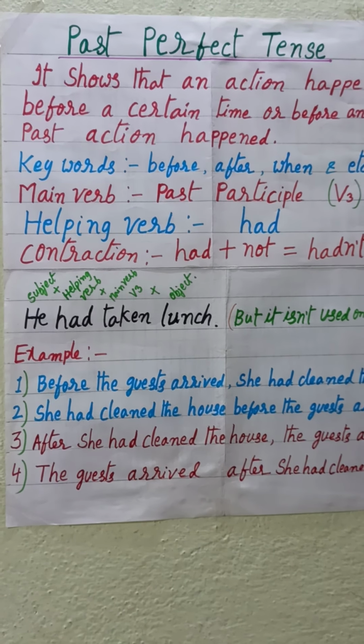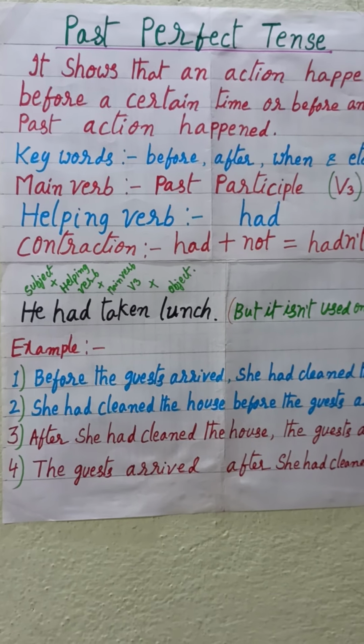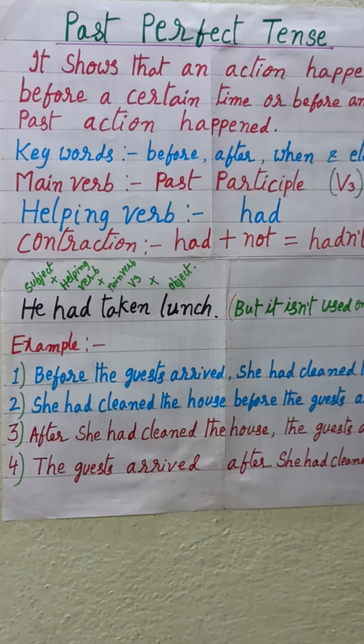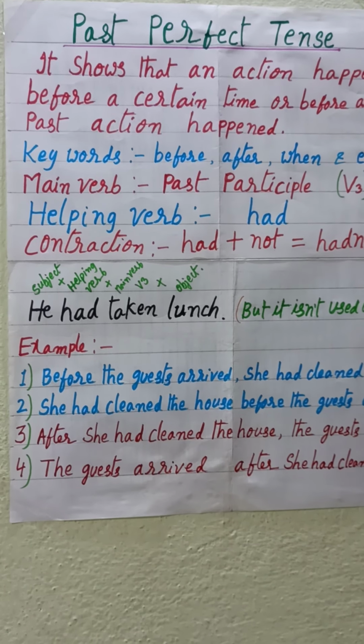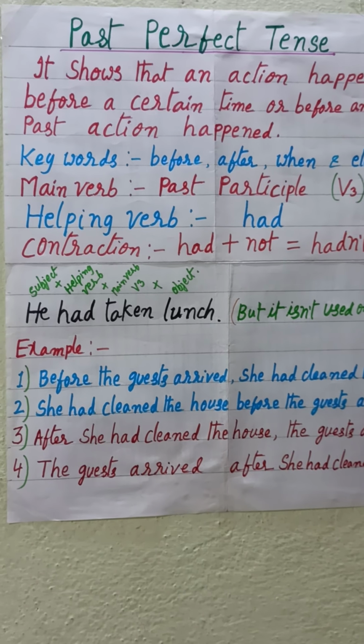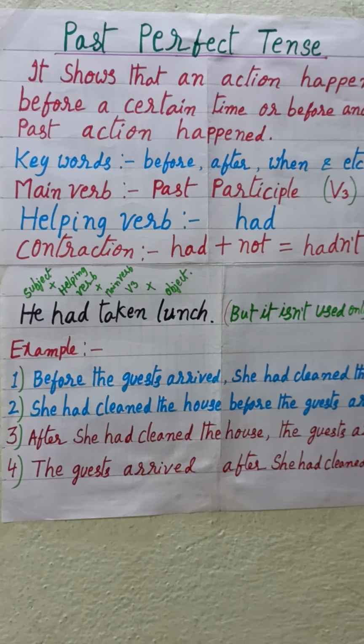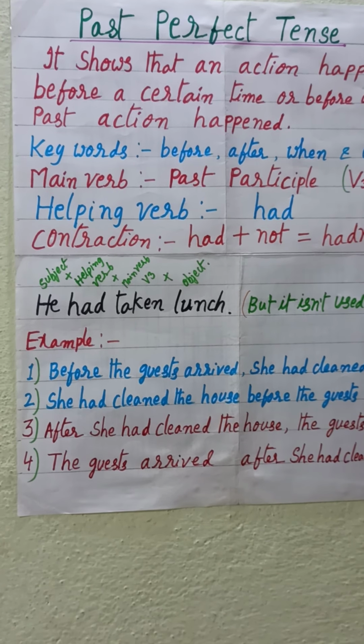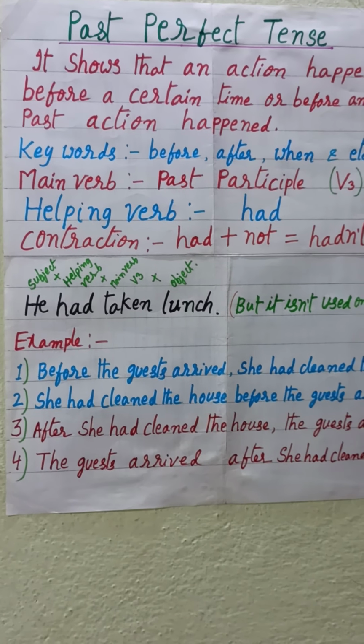Now we are going to learn about past perfect tense. It shows that an action happened before a certain time or before another past action happened.